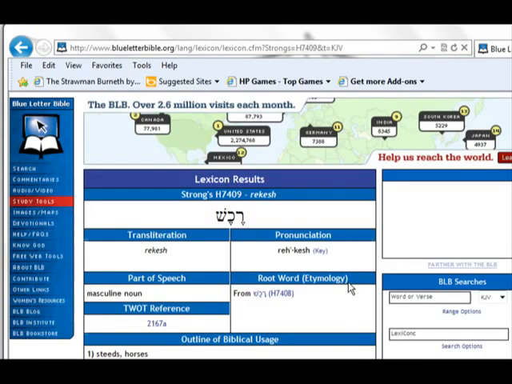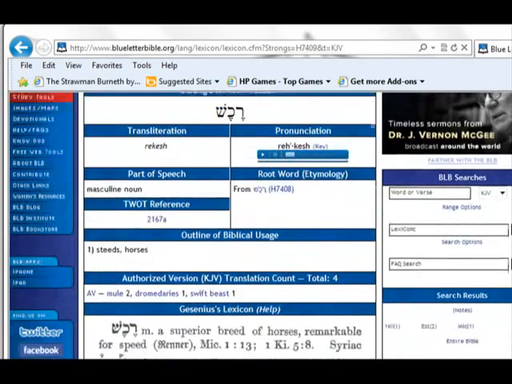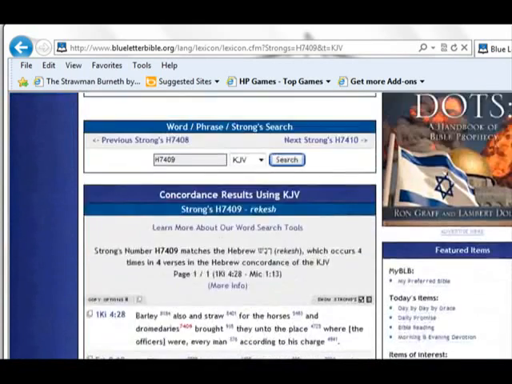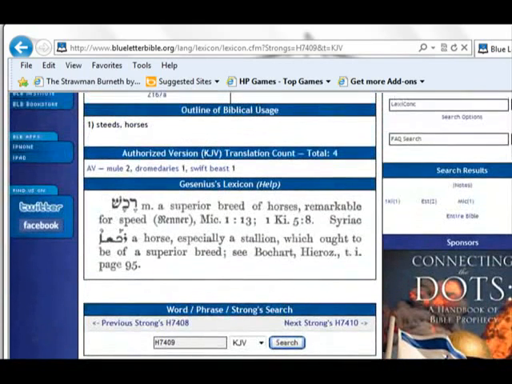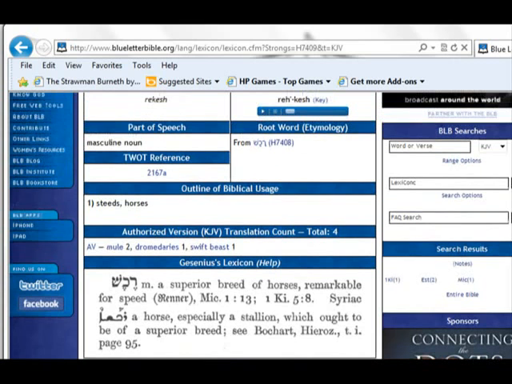And we have to gather together steeds, horses, mule, dromedaries, swift beast. Now, in the other more accurate concordance, which is one I've had for 20 years, it also says to gather animals for any purpose.